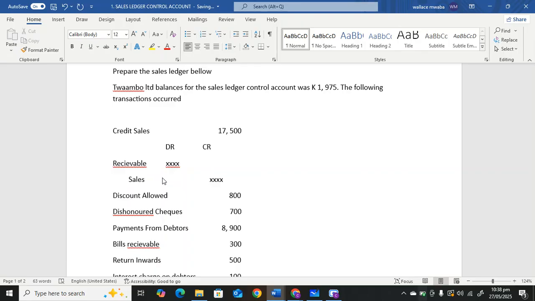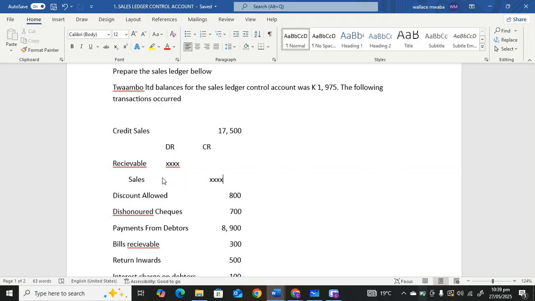The first thought that has come to your mind, that's the one. Just say it. When you make a credit sale, you debit the receivable because they're not paying any money.